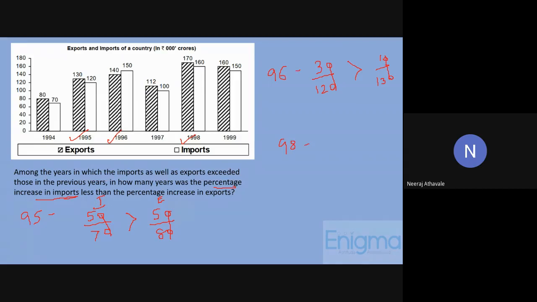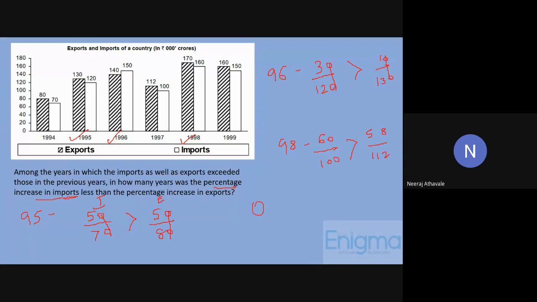And for 98, you can see 60 upon 100, and here what is coming? 58 upon 112. In this case also, it becomes greater. So therefore, in none of the years is this valid. So the answer will be 0.